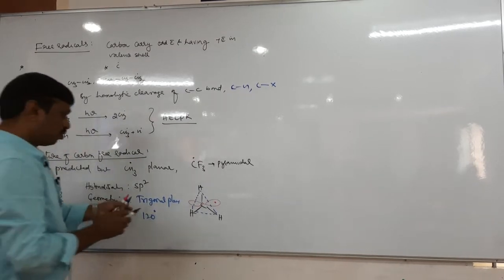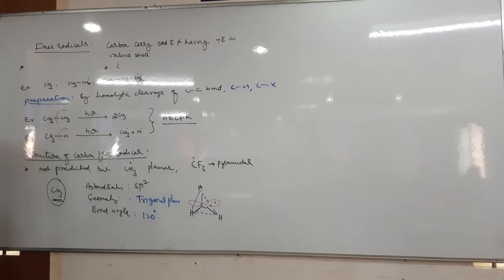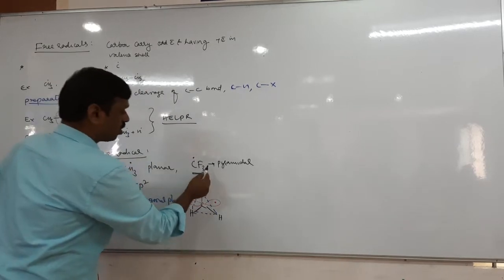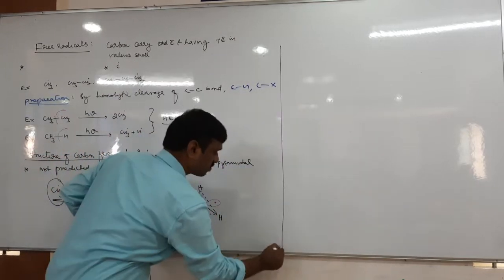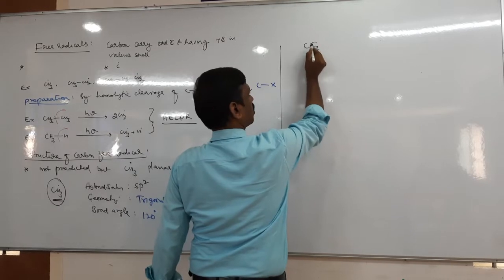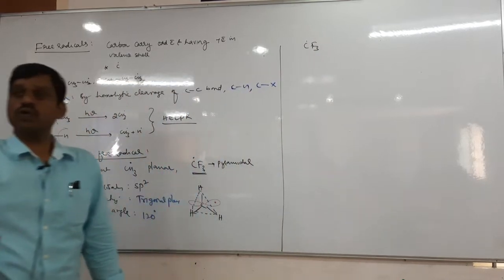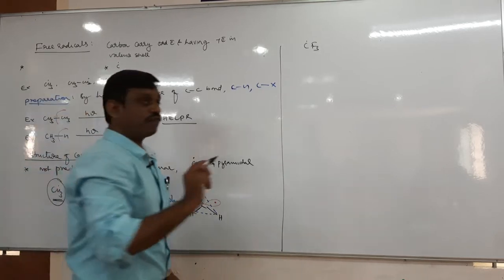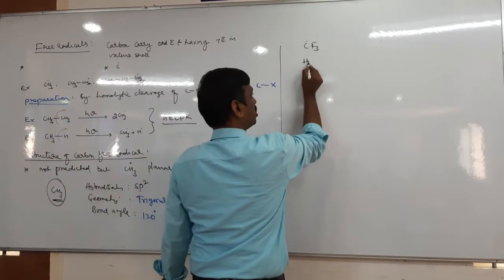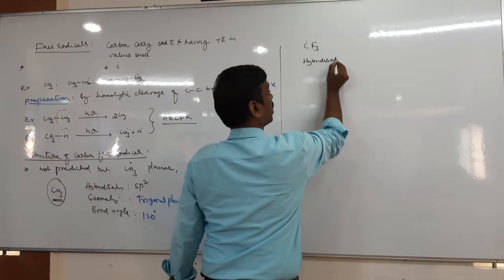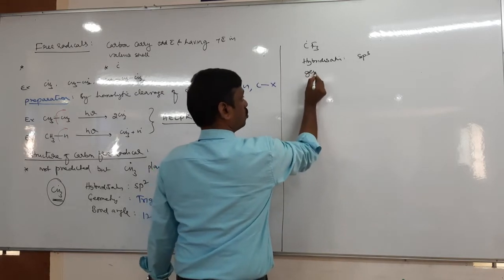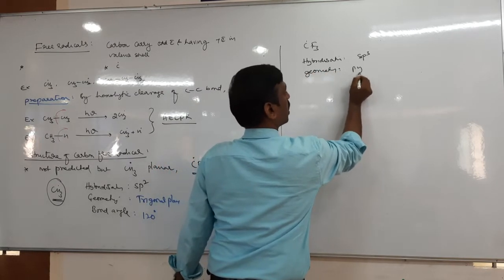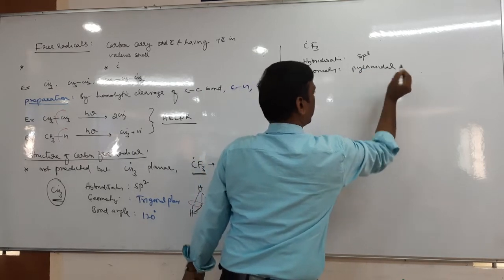That is for carbon and hydrogen having a radical, but if the carbon has a more electronegative element like fluorine, chlorine, nitrogen, etc., then its geometry changes. Let us take CF3 dot, called the trifluoromethyl radical. In the trifluoromethyl radical, the hybridization is sp3 and the geometry becomes pyramidal, and the bond angle changes.